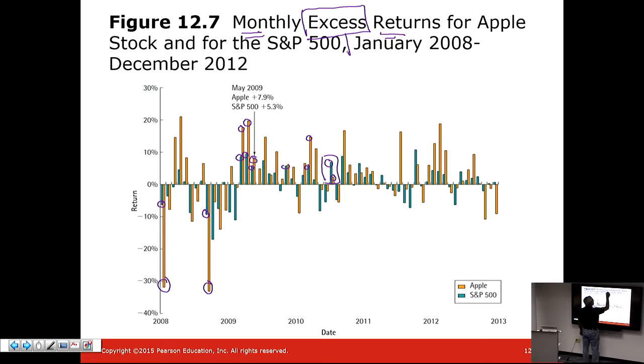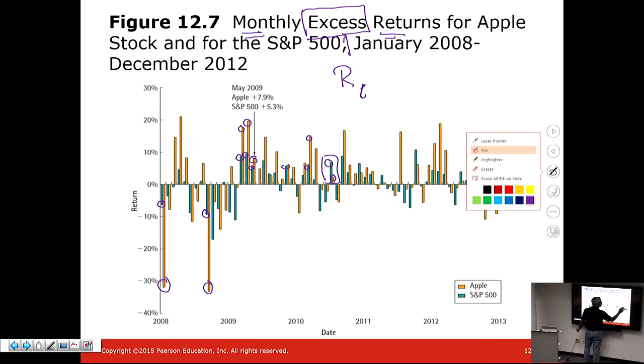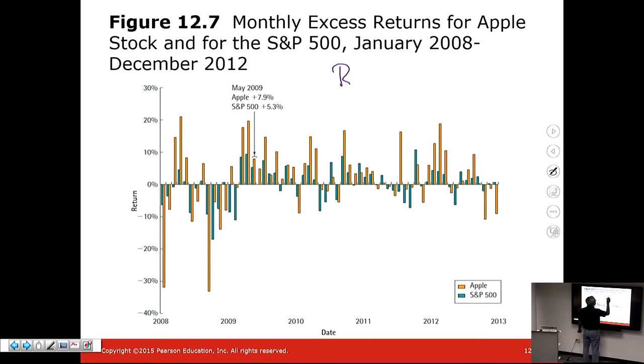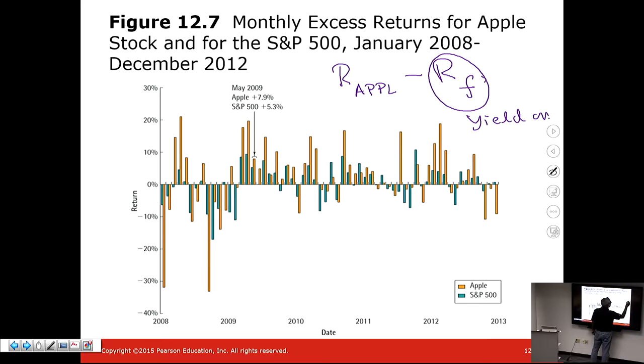Now to this word excess. The word excess simply means it's the return on the stock, let's say Apple, minus the return on a risk-free asset. You know from chapter 11 that would be the yield on T-bills, treasuries.